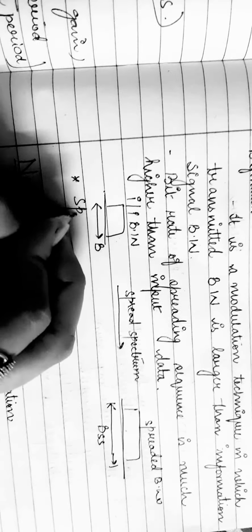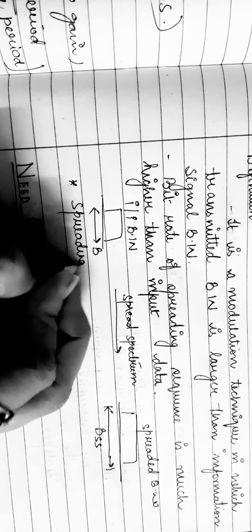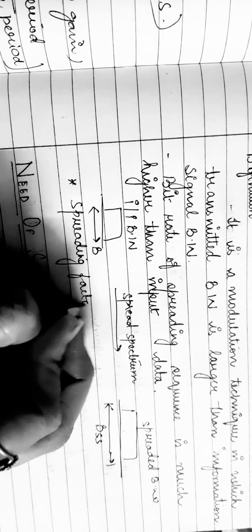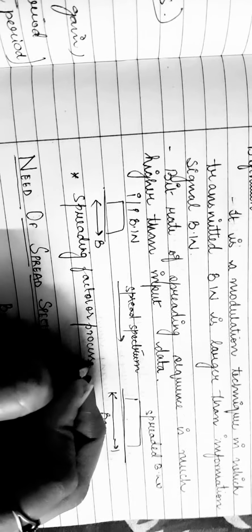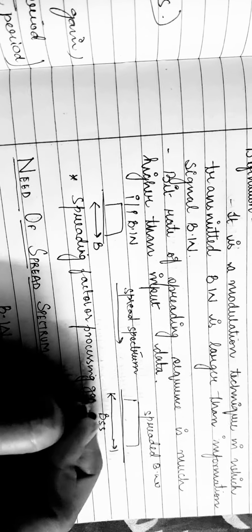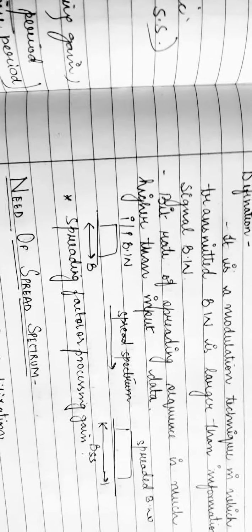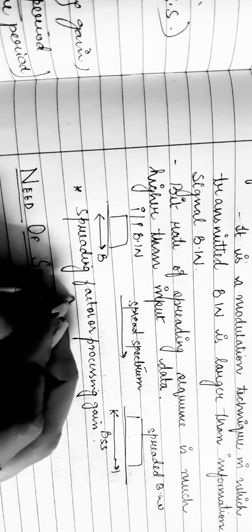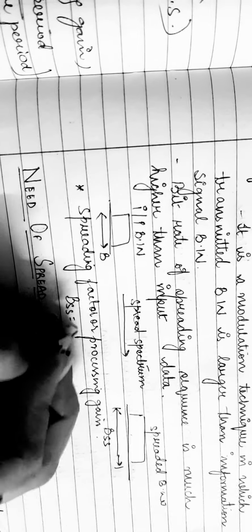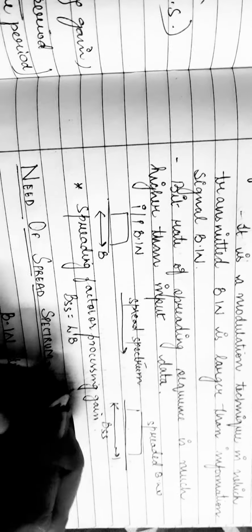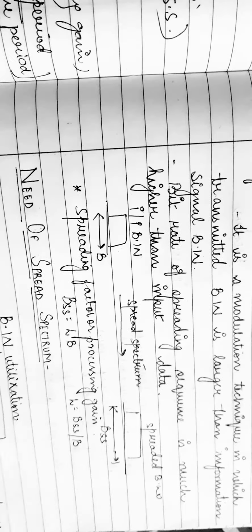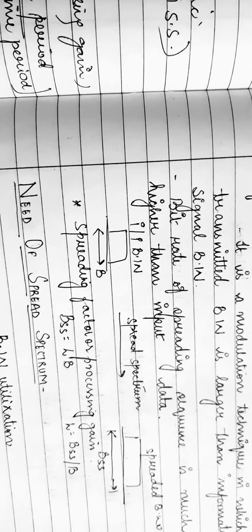Here we note one more point, that is the spreading factor or processing gain. Here we have one formula, that is BSS equals L times B, where L equals BSS upon B. So here L is the processing gain.